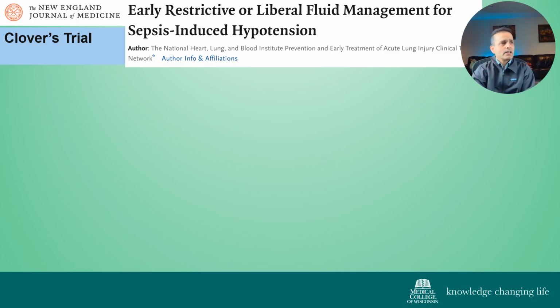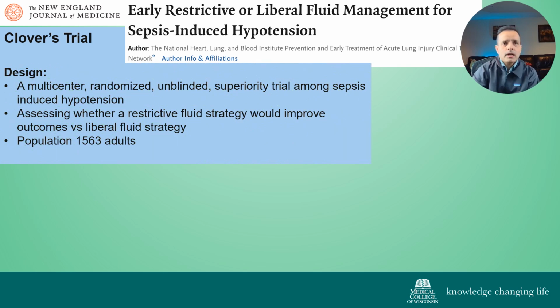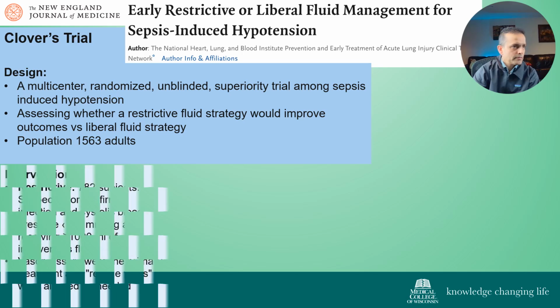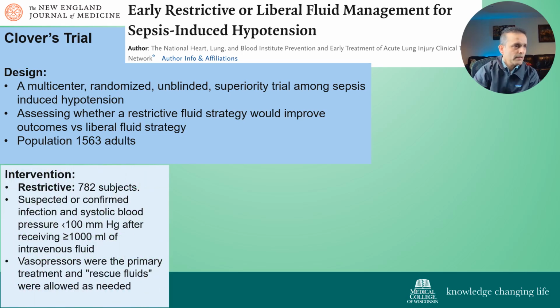Then they did the CLOVERS trial, early restrictive versus liberal fluid management for sepsis-induced hypotension. That was a multi-center randomized control trial comparing restrictive versus liberal. Good population, more than 1,500 people actually.